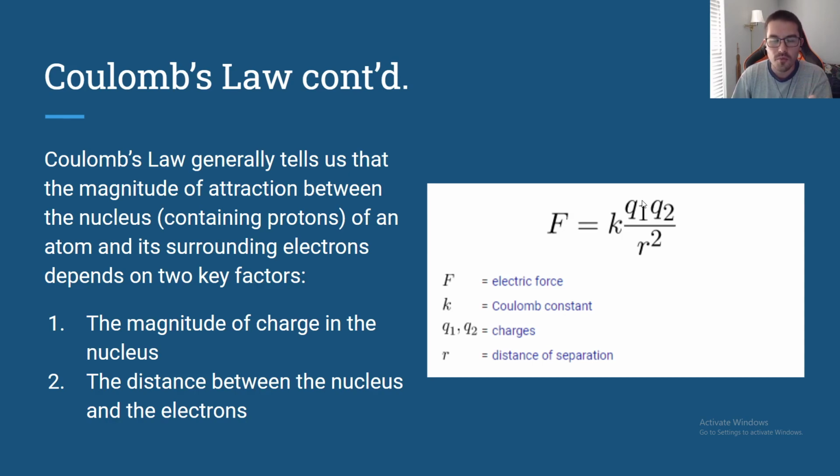Okay, so for the purposes of this video, let's assign Q1 to be the positive charge of the nucleus, and we'll say Q2 is the negative charge of an electron, okay?